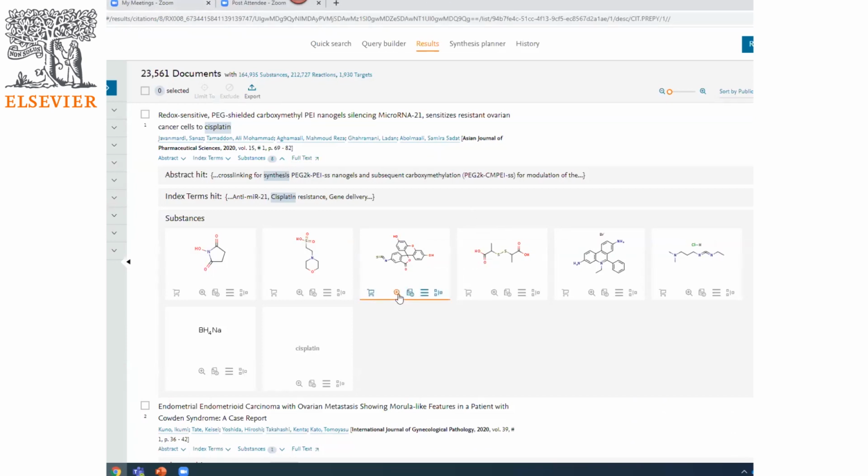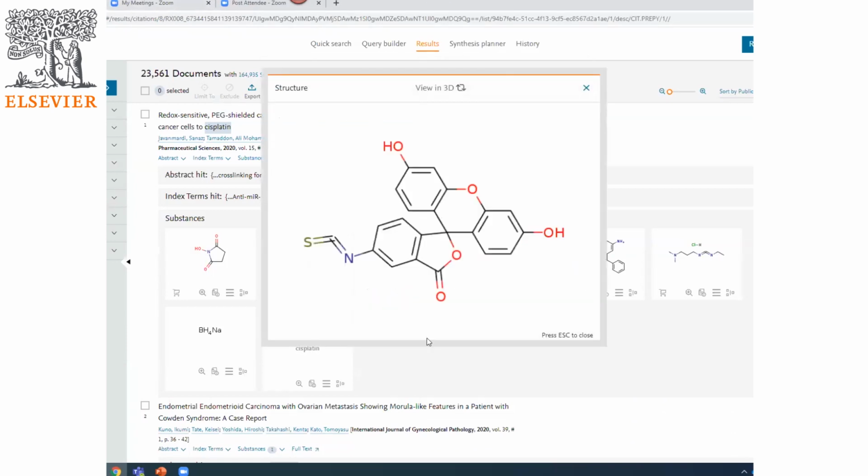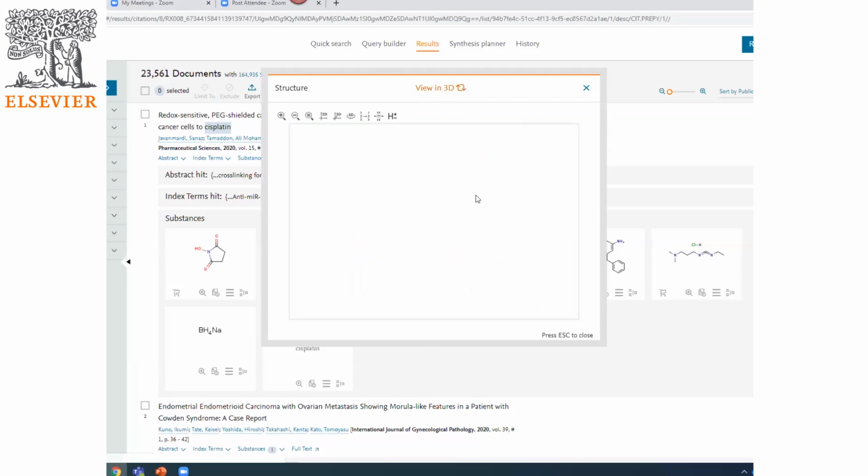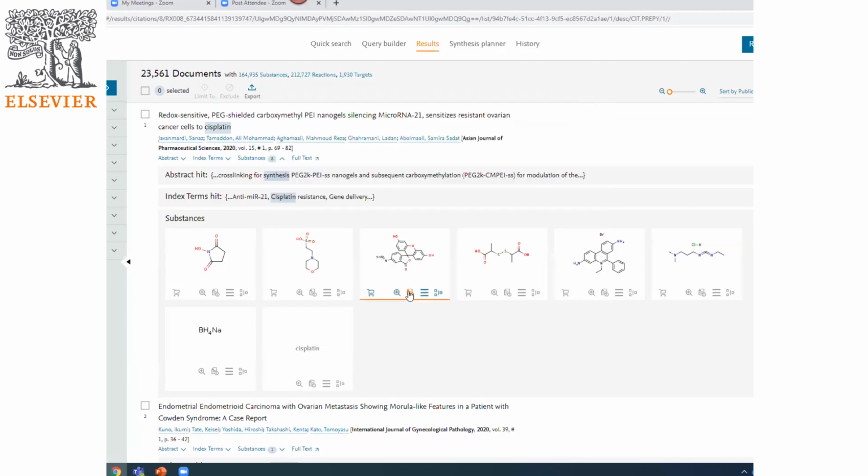In addition to that, you can increase the size of the molecule, and even rotate it, though this one is flat, some are 3D. You can view details about the molecule.